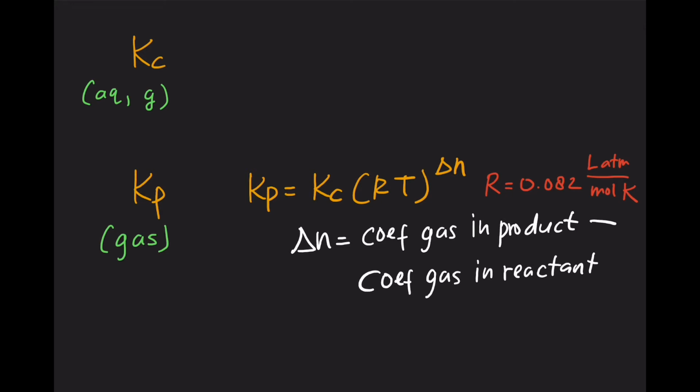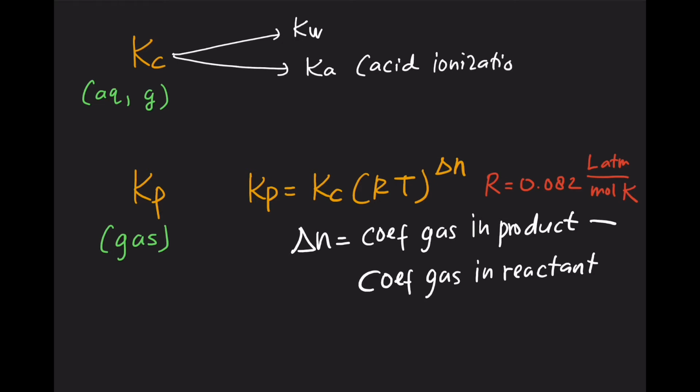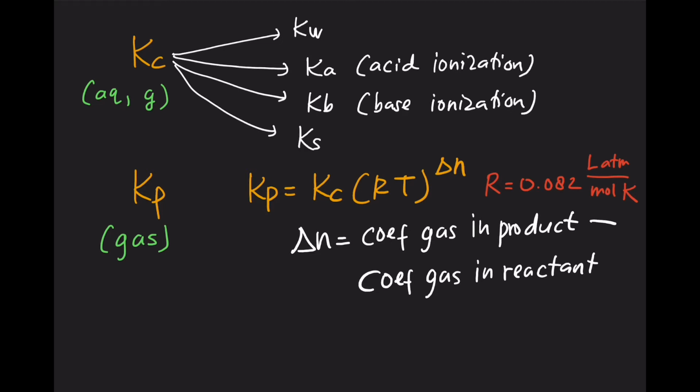And that's basically Kc. So we have discussed one of the Kc, that is Kw, which is water ionization. Next we will discuss Ka, which is associated with acid ionization or acid dissociation. And then we will also have Kb, which is base ionization or base dissociation. And on the later part we will talk about Ksp, which is the solubility product.